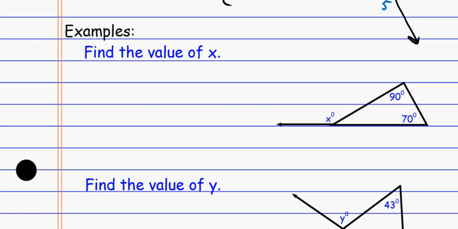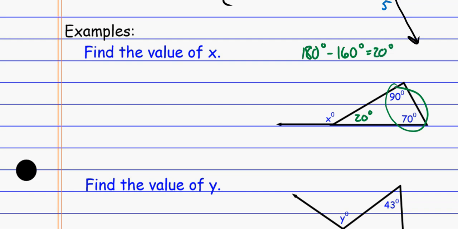I'm going to find the missing angle inside the triangle first. And so when I look at the angles inside the triangle, I know that they add up to 180 degrees. So if I take the existing angles, the 90 and the 70, those add up to 160 degrees, and then I subtract that from the 180. Okay, so the angles that I already have is 160, so I subtract, I find the missing angle inside the triangle. Well, that's going to be a 20-degree angle. Okay, so 20 degrees.